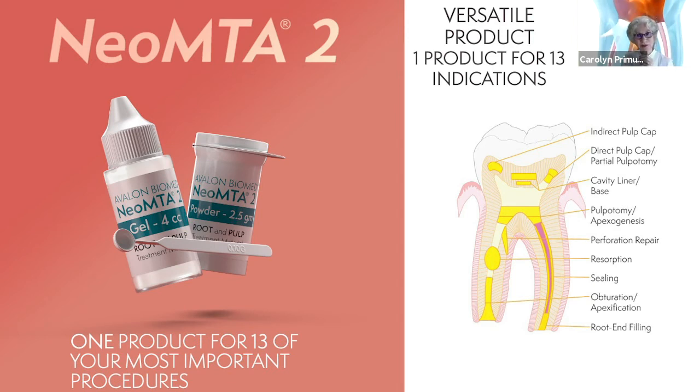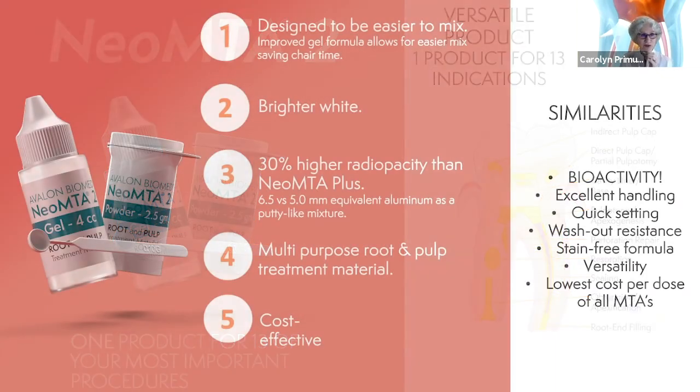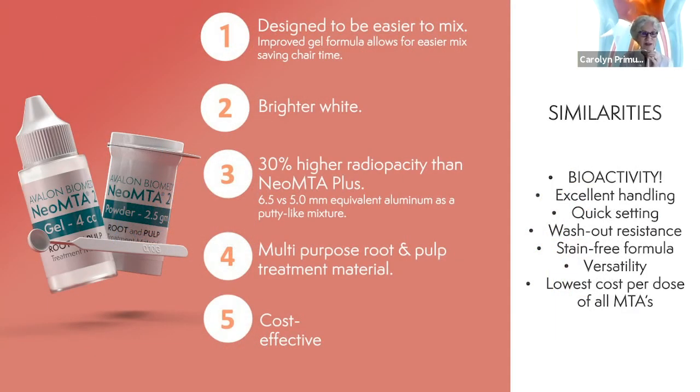So spending a little bit more time on Neo MTA that you may be using, or the new product called Neo MTA2, they're very similar, and we developed Neo MTA2 to be easier to mix, whiter, having a higher radiopacity, being as multi-purpose, and still remaining cost-effective for you to use.